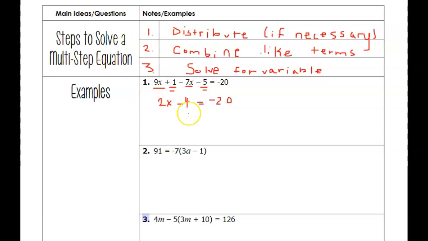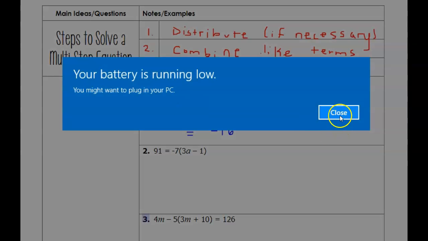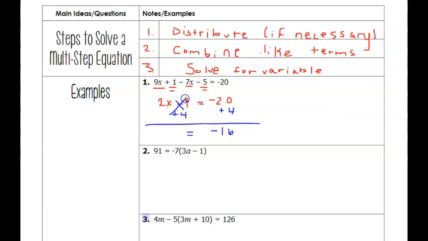Now let's go ahead and do the work here to solve for x. I'm going to add 4 to both sides of the equation because I want to get x by itself. I know a negative 20 plus 4 has to be negative 16, and that's equal to, well, the 4's cancel, and I got a 2x.